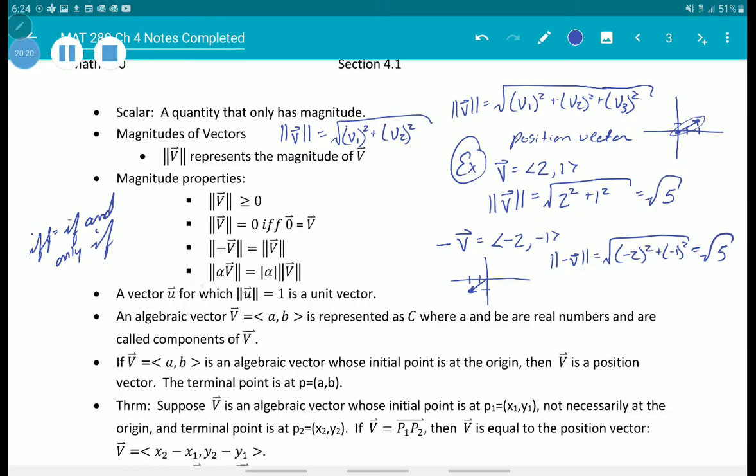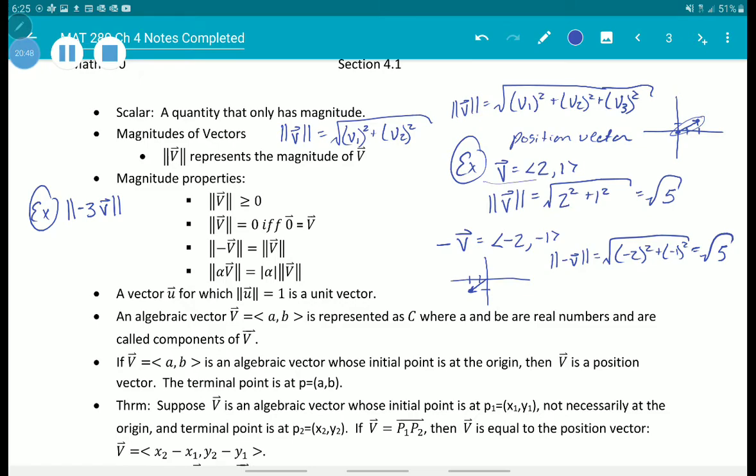And then that last one, if we were to take the magnitude of a scalar times v, that's equal to the absolute value of the scalar times the magnitude of v. So let's look at an example. Suppose we wanted to know the magnitude of negative 3v.